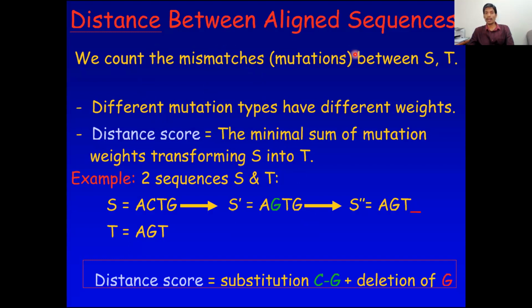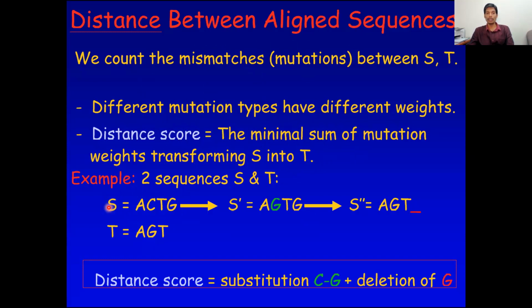So, distance between aligned sequences. If you compare these two sequences with the distance score, what happens here? S is ACTG, T is AGT. Different mutation types have different weights. Distance score is equal to the minimal sum of mutation weights transforming S to T. So what is happening from ACTG to AGT?